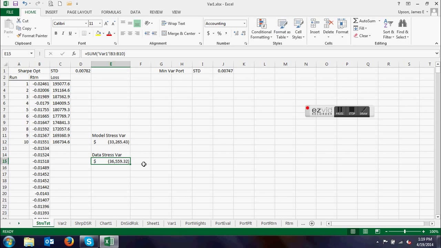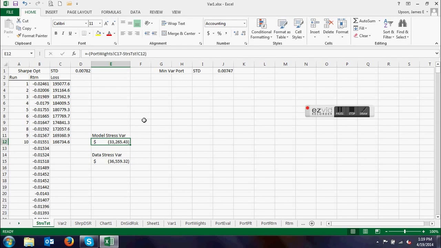That represents the stress test of the portfolio. If things really go bad and you have a continuing degradation of the market, a market crash, over 10 days you may be expected to lose as much as $36,000.